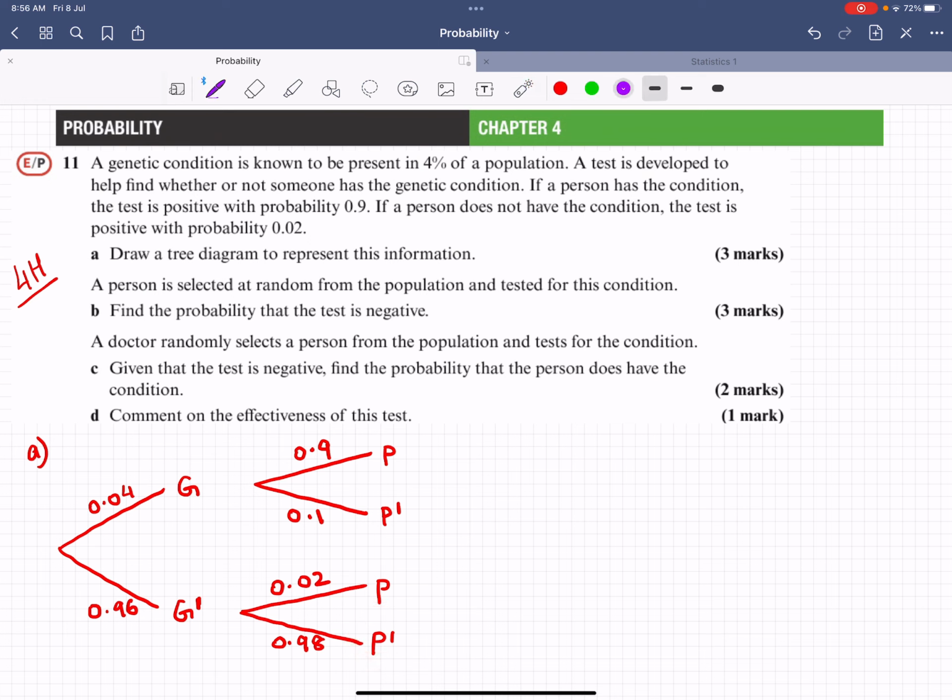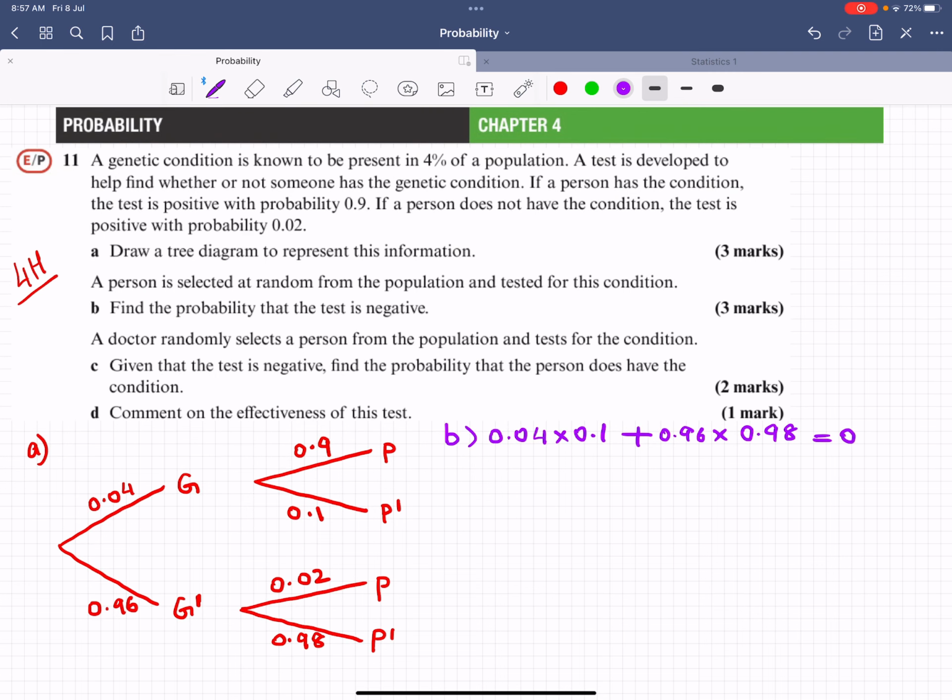So for B, we have 0.04 into 0.1 and 0.96 into 0.98, and that gives us the answer 0.9448.